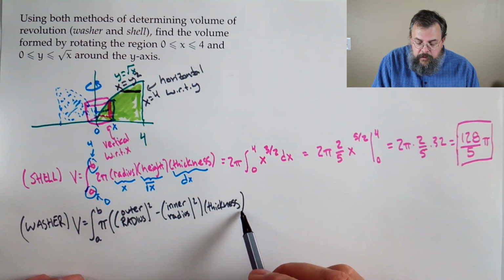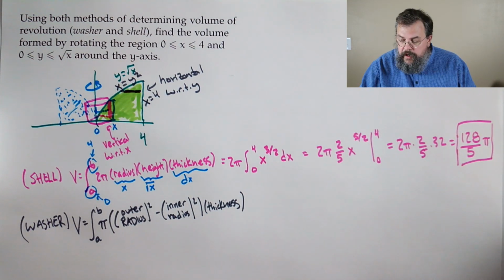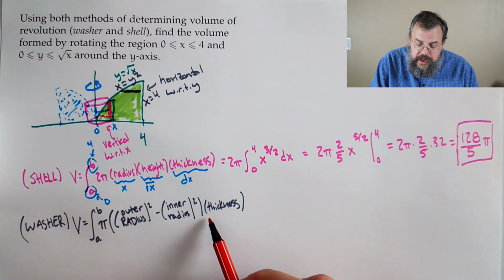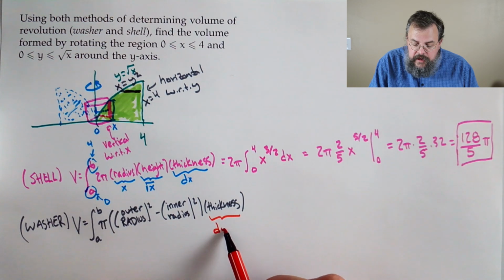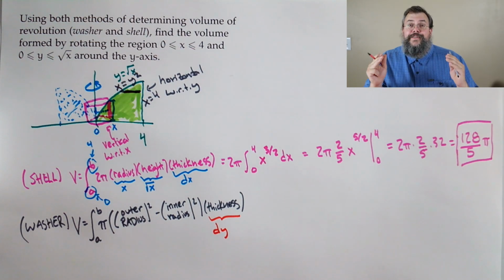All right, well, time for us to identify what our little pieces are. Well, we know our thickness. That's because we're integrating with respect to y, so our thickness is dy. All right, where do we start and stop? It's not at 0 and 4. 0 and 4 are our x.